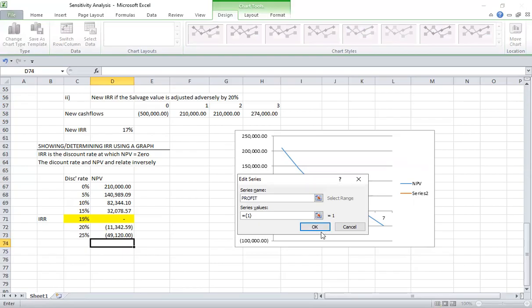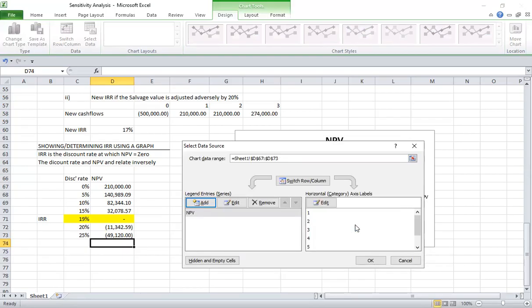But we didn't have a second variable. We have only input the values for this NPV. We have not yet put the values for the discount rate, because we are plotting NPV against the discount rate.